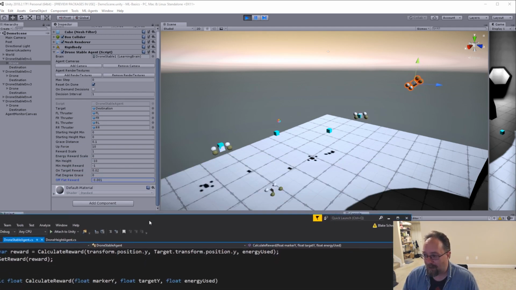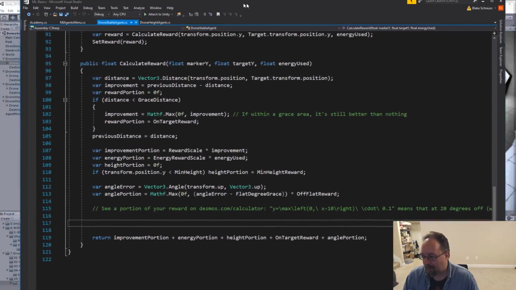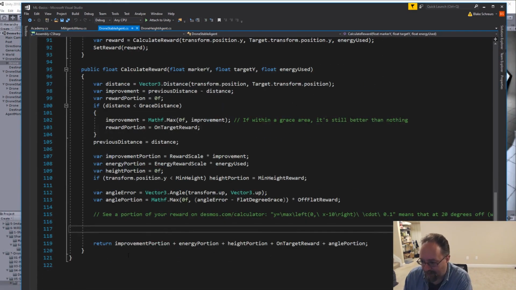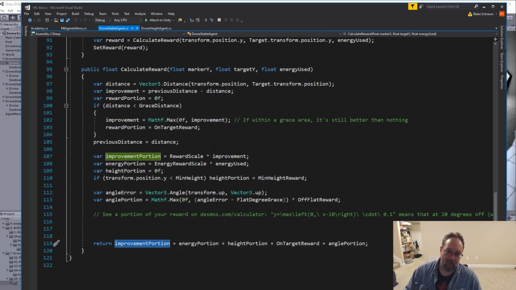That is the penalty for that. So if we look at the actual reward function, we have, again, improvement. Anytime we're doing this kind of training, how are we rewarding it? We are rewarding it for getting better, for getting closer. So that is the reward scale times the improvement.